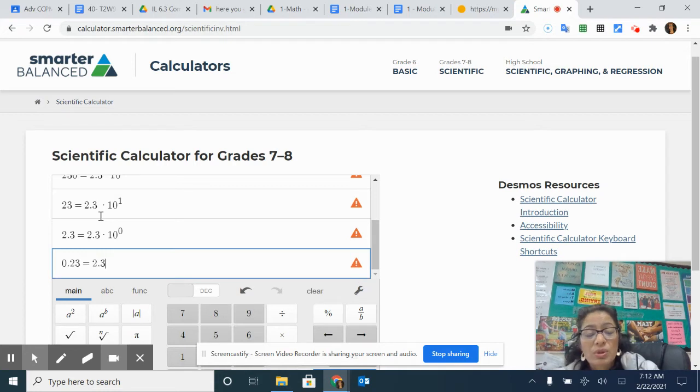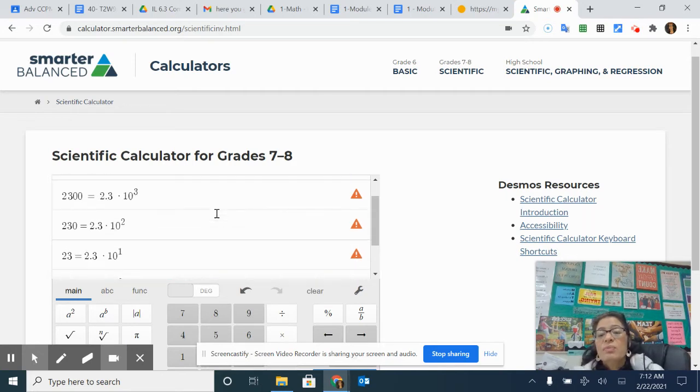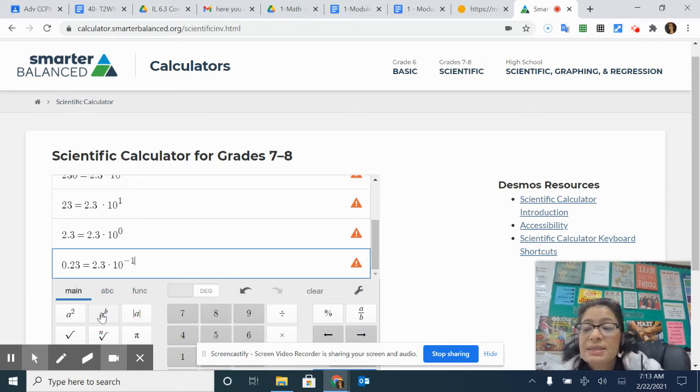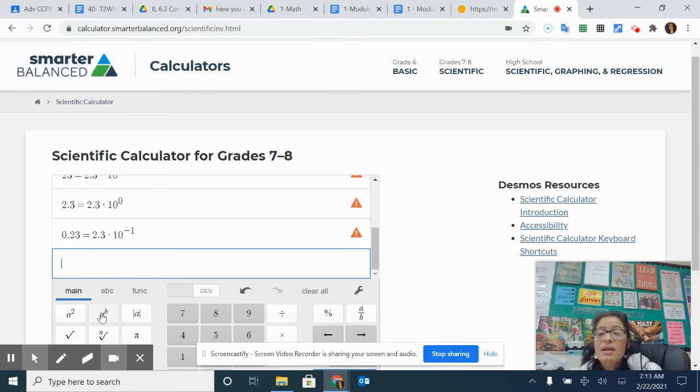But now what would be the exponent? What patterns do you see? So we went from 3, 2, 1, and then 0. What's the next number in the pattern? Yes, it is -1. And then we go down to -2, -3. So guess what? Really, really tiny numbers have negative exponents in scientific notation. Once we write them in scientific notation, they have negative exponents, okay?